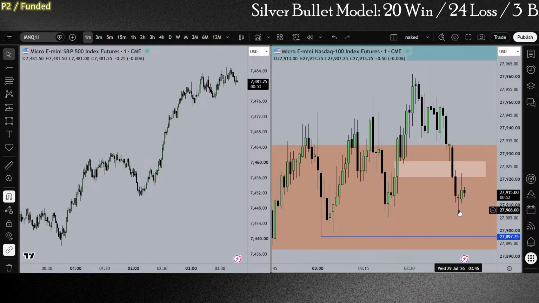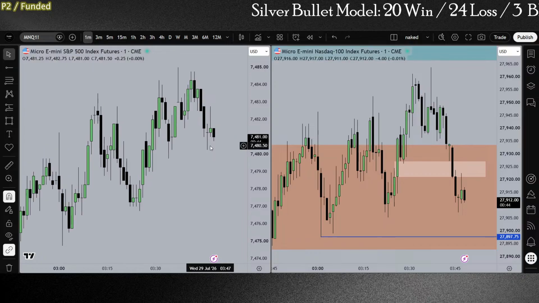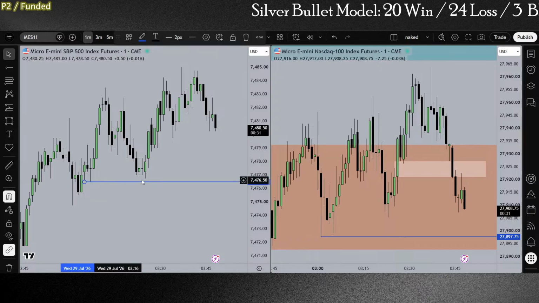Attach, and now a run for those equal lows. And ES has its respective equal lows here.